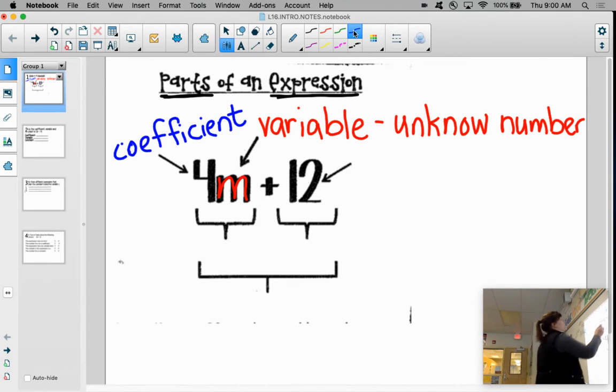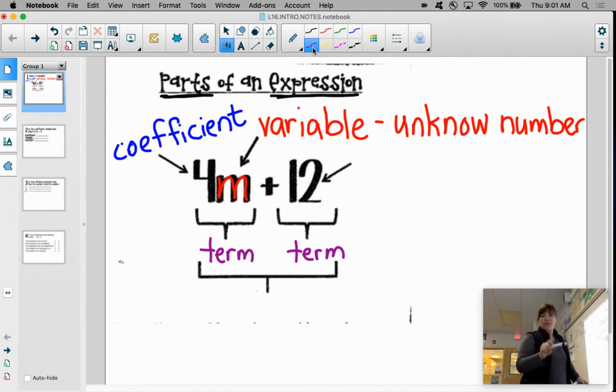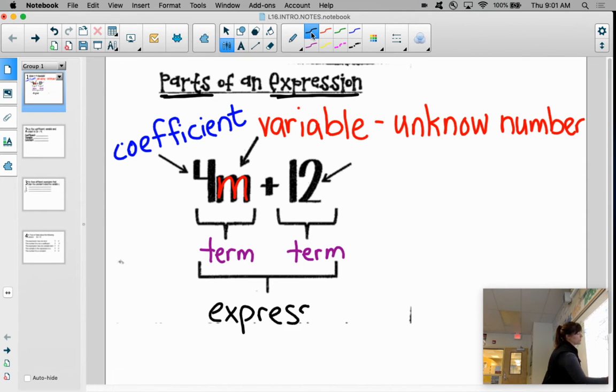A term is the 4m, and another term is the 12. They make up, with the addition sign, an expression. This whole thing is an algebraic expression because it has a variable in it, and the variable makes the term on the left a variable term. It just means that it's a term that has a variable in it.